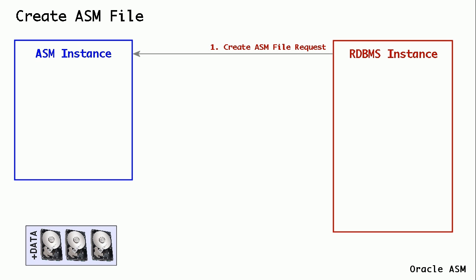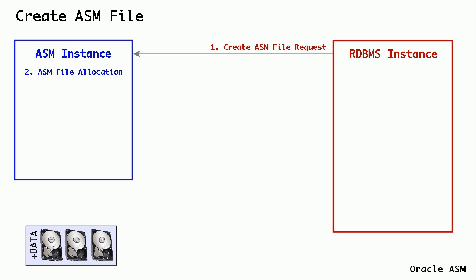This request contains information such as disk group name, type of file, file block size, file tag, and, optionally, template name and alias name. Using this information, ASM Instance allocates space for a new ASM file. Entries are added to ASM file allocation table, file directory, and alias directory.